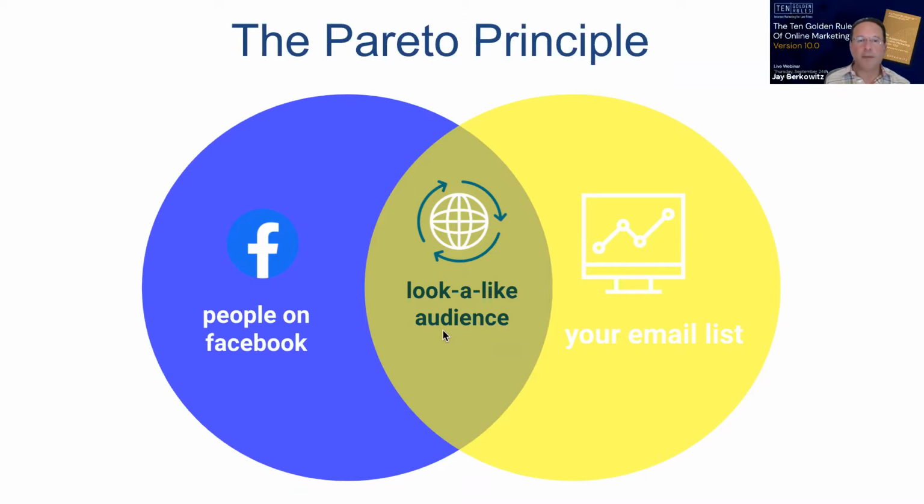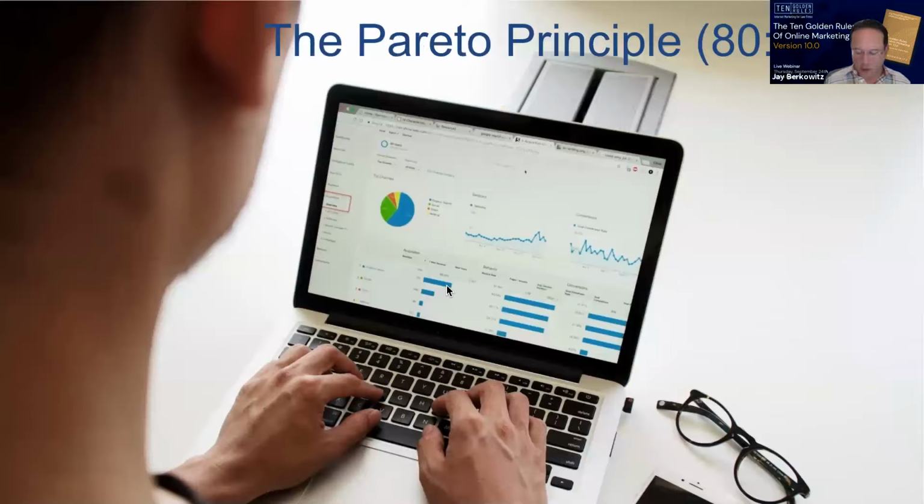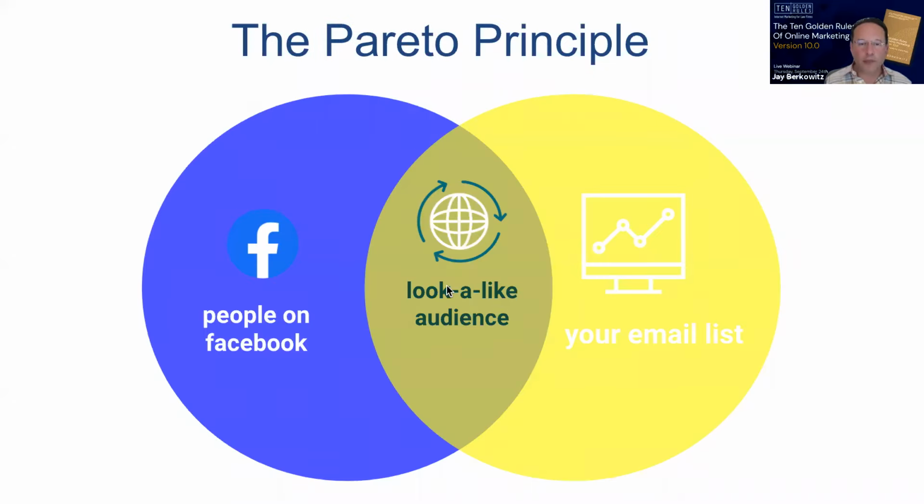You basically upload your email list to Facebook, and you find all the people in your audience, people who've bought your product or signed up for your newsletter or have been to your website or have opted in for something on your website. And then you match those folks with Facebook. They get about a 50% match, and then you can create a lookalike audience from those people. So it becomes very, very powerful.